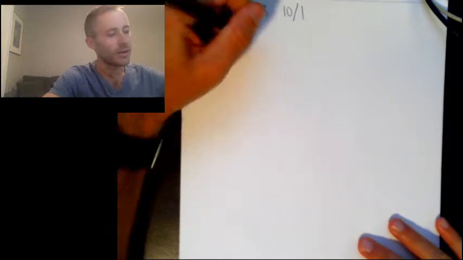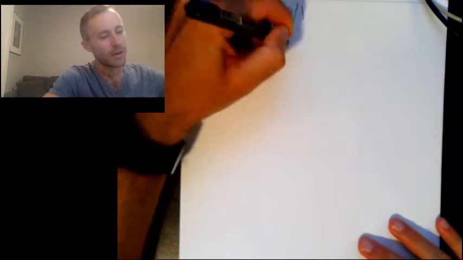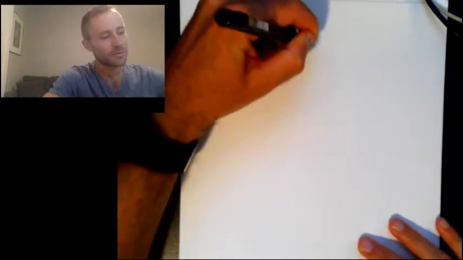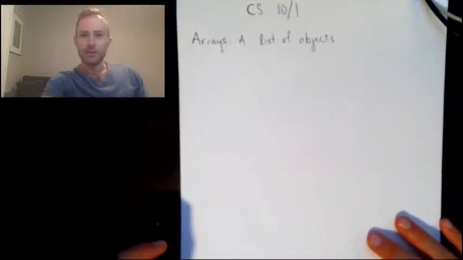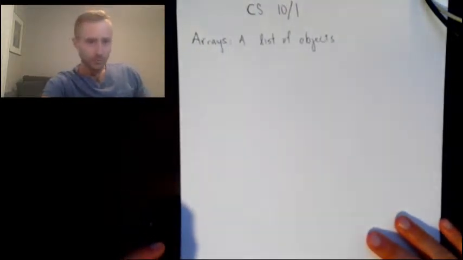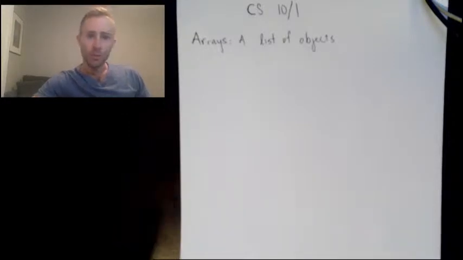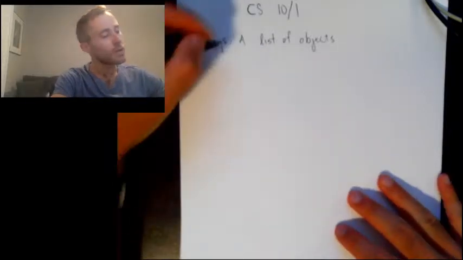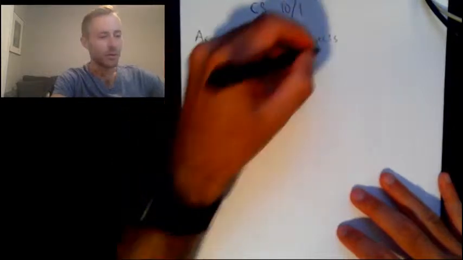Arrays are a list of objects. Okay, a list of objects. If you want to declare an array, you would say whatever the object type is.